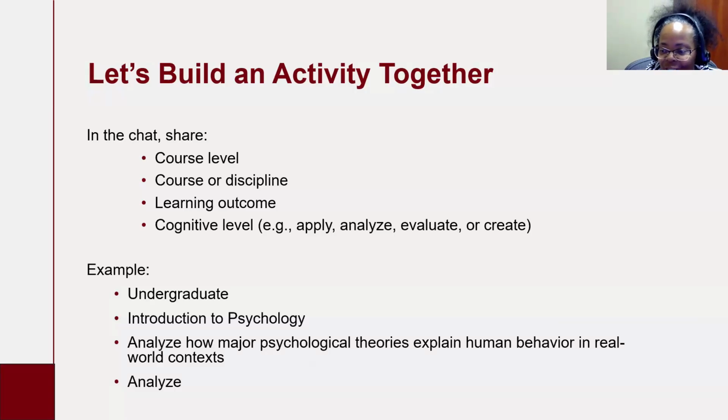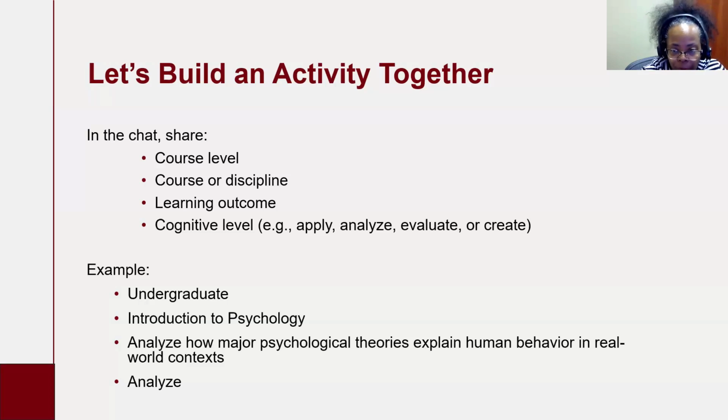So, this is your opportunity in chat. Let me check my time real quick. Oh, good on time. In chat, I would like for you to share three things. Course level, either undergraduate or graduate, a course or discipline, a learning outcome, and then a cognitive level.